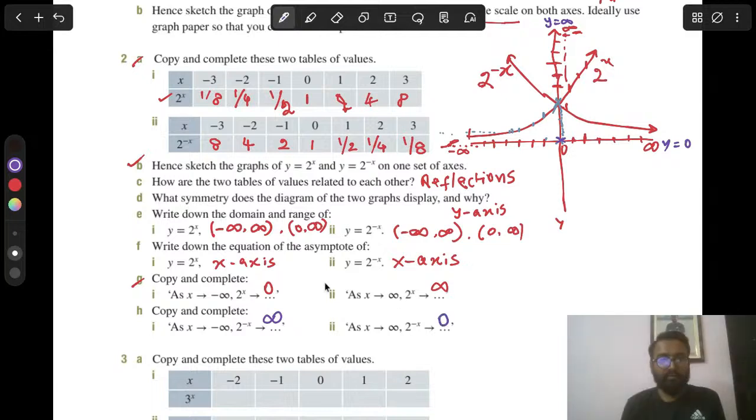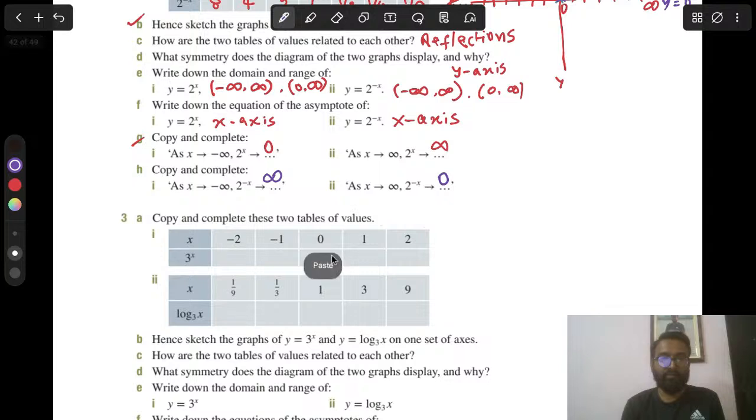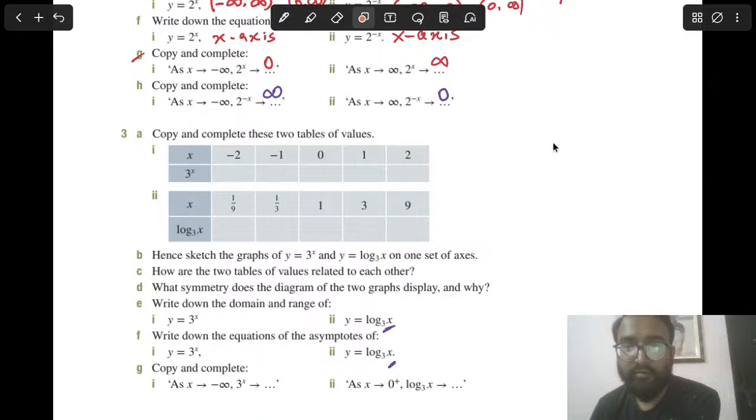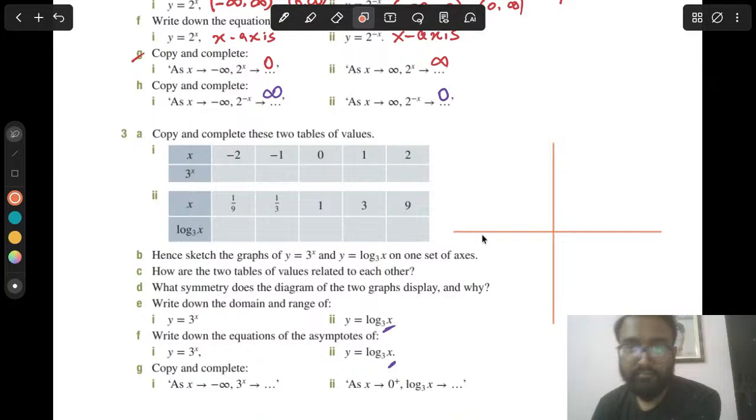Copy and complete the table. So this is a similar example, but he is asking about logarithms. You have to give the values of logarithms. If you see here, this is a graph of 3 power x, not e power x.